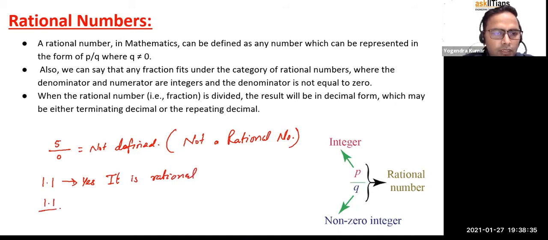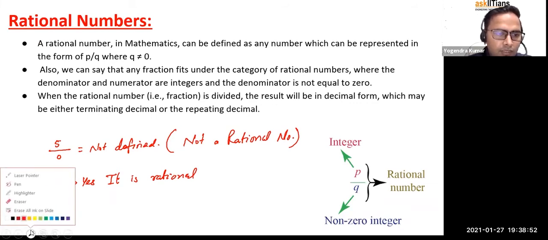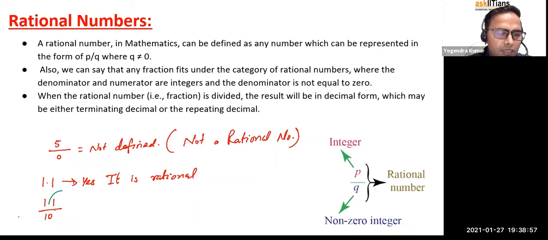Because 1.1 can be written as 1.1 over 1. What is there in the denominator of every number? We have 1 in the denominator, so now the point can go, and it can be written finally as 11 by 10. Is the numerator an integer? Yes. Is the denominator an integer? Yes. Is the denominator not equal to 0? Yes. Is it fulfilling all the things we want?